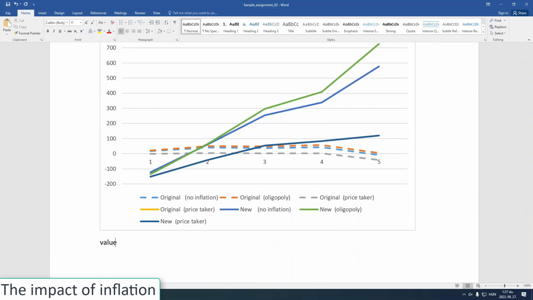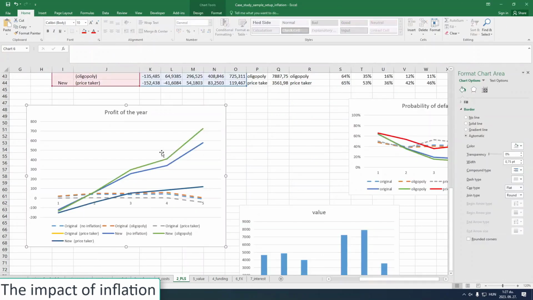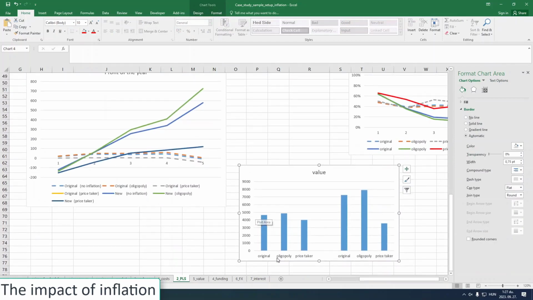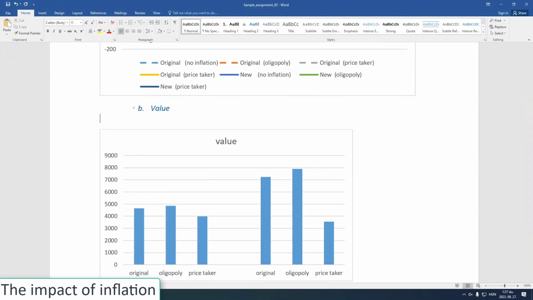Okay, value. In this case, we can say that I can close this one, and let's have the value. Okay, this one is absolutely ugly, so left, no, right.